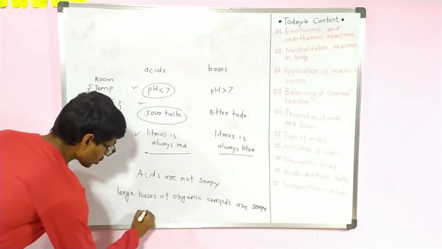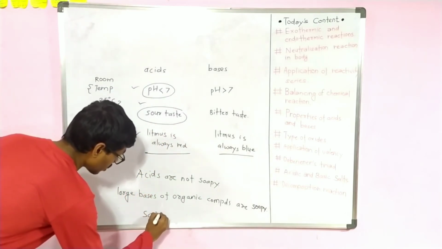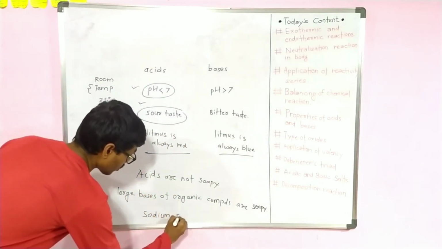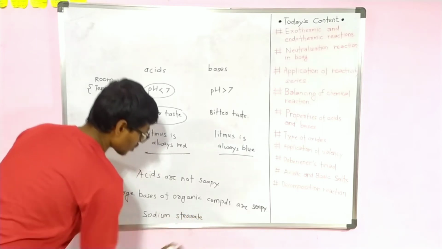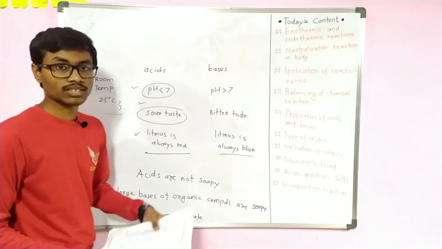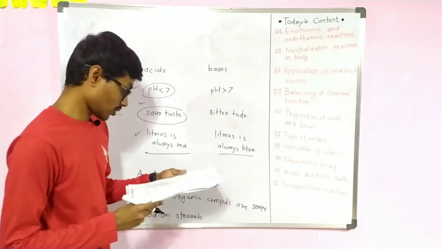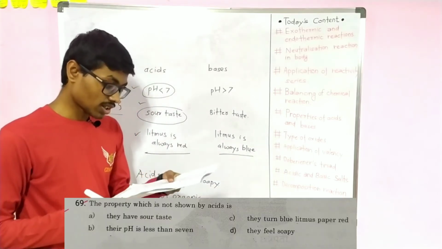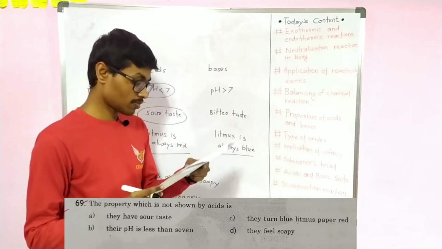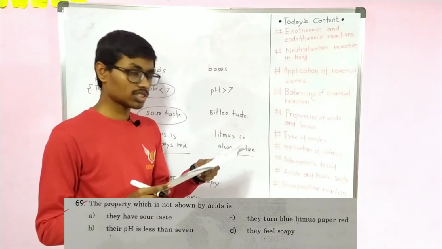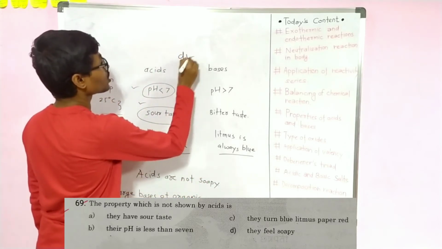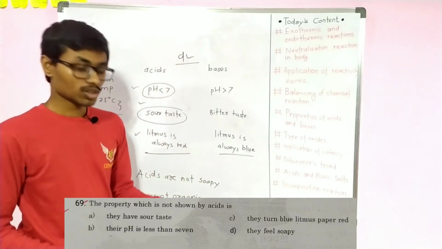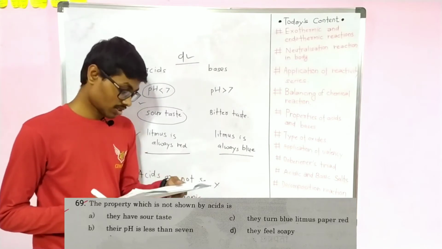For example, sodium stearate is one of the good examples of a soapy substance. Now, for this question, the correct answer should be option D. They have asked which is not a property shown by acids. So, acids are not soapy. So, the correct answer for this question should be option D.